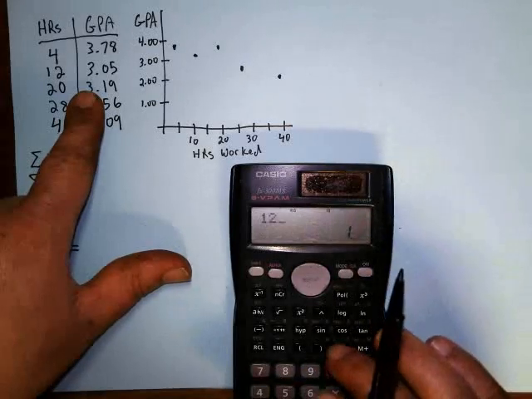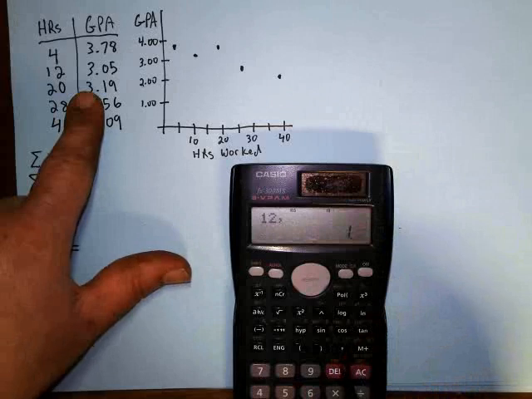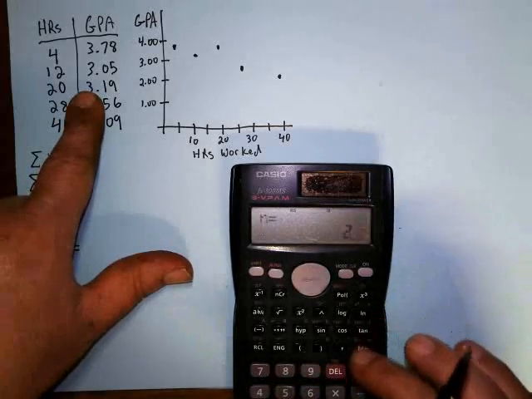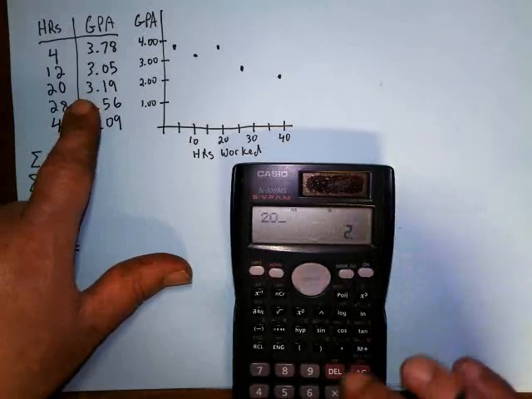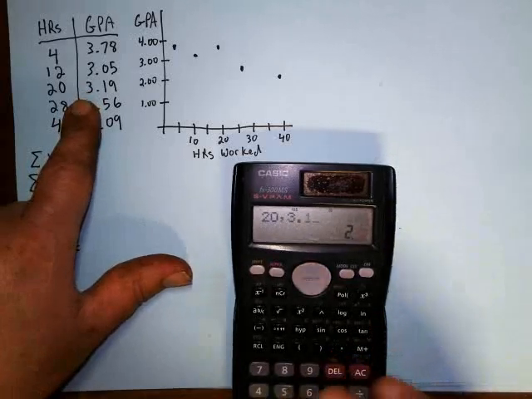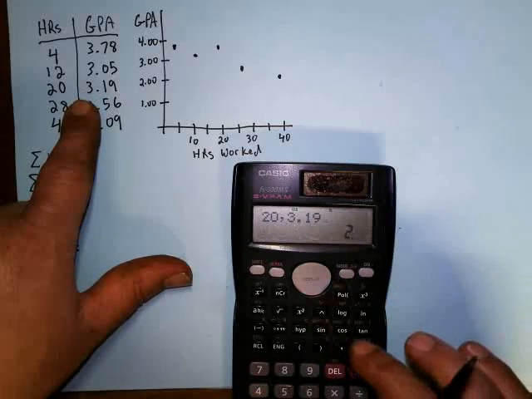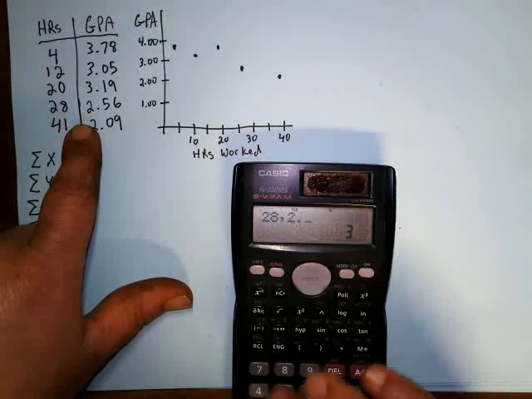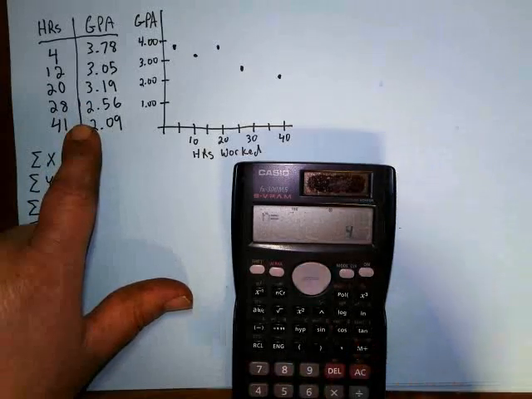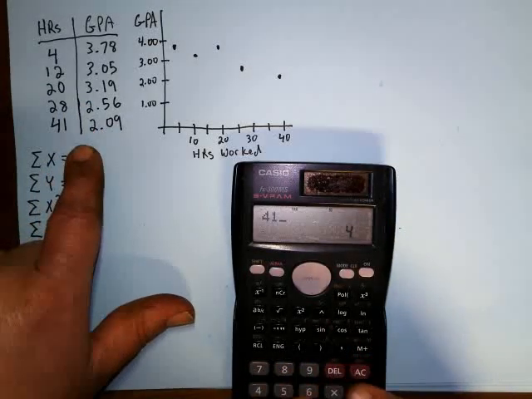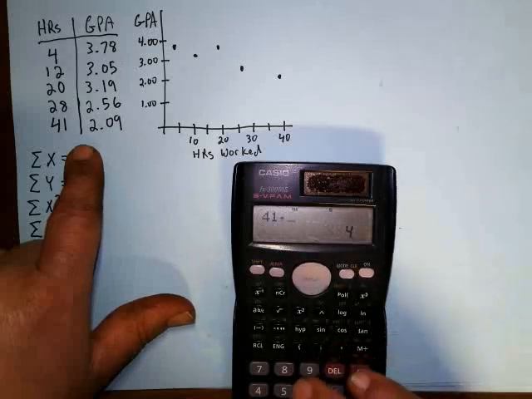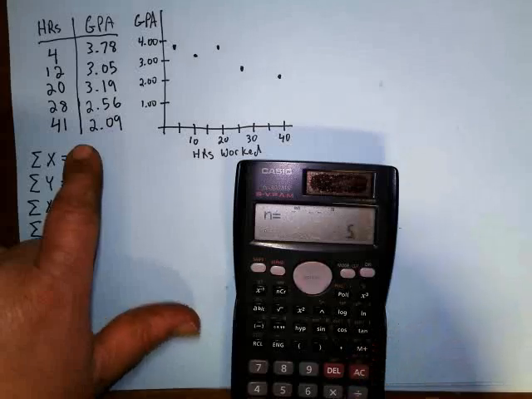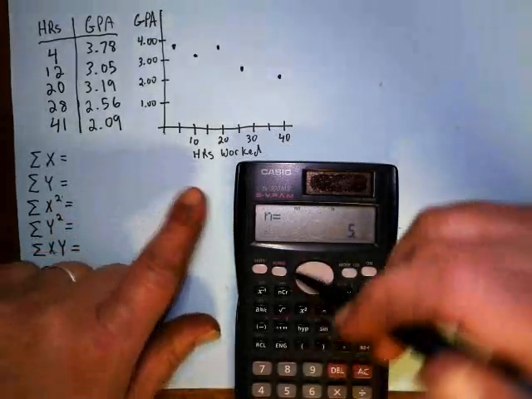Then 12 comma, so the comma is right there next to M plus, 3.05 M plus, 20 comma 3.19 M plus, 28 comma 2.56 M plus, 41 comma 2.09 M plus. Okay, so now the data is in there.